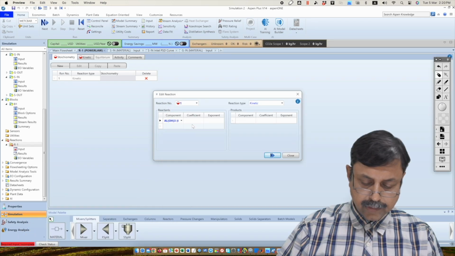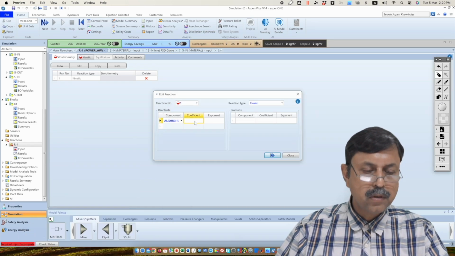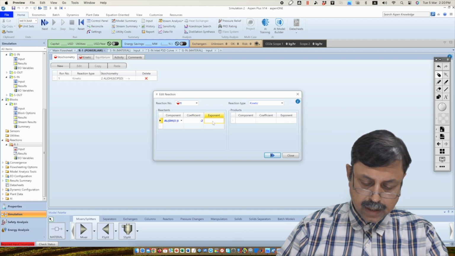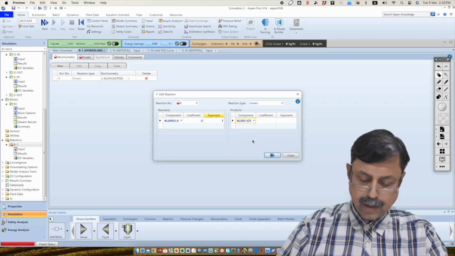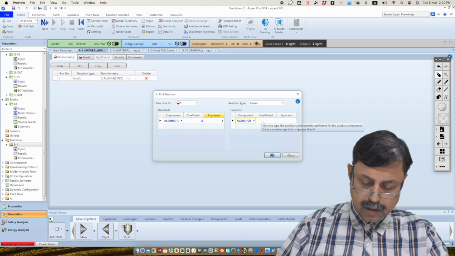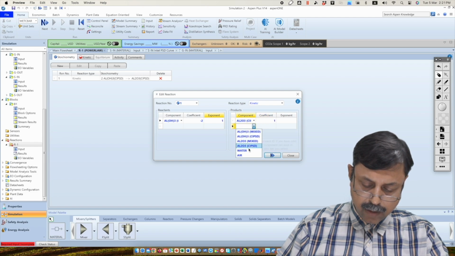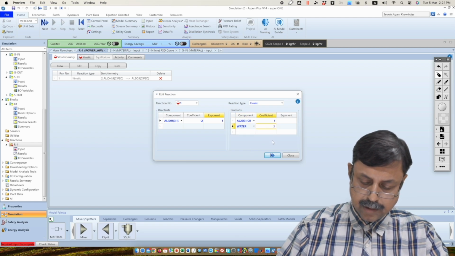So this is minus 2 over here, and 1 exponent. This is aluminium oxide solid, 1 mole, and water, which is 3 moles. Right?